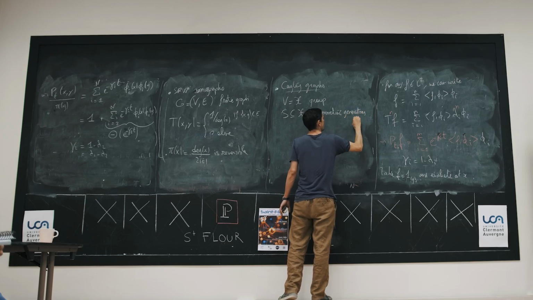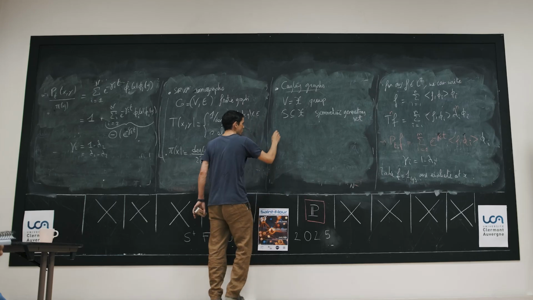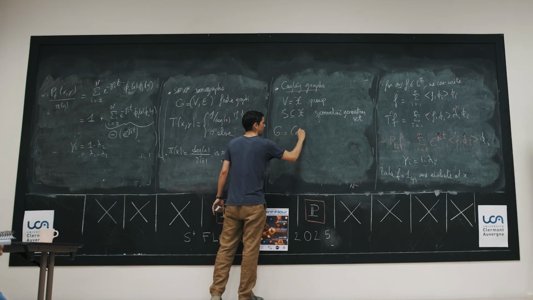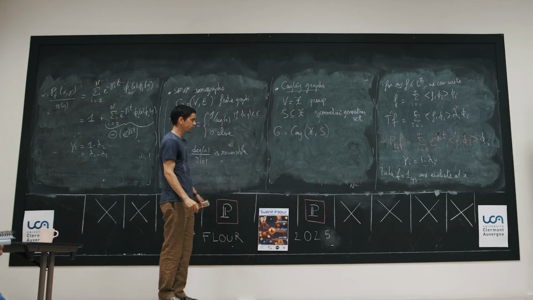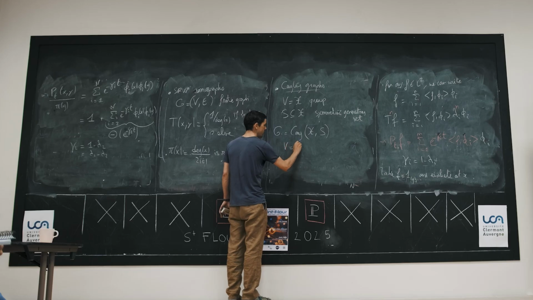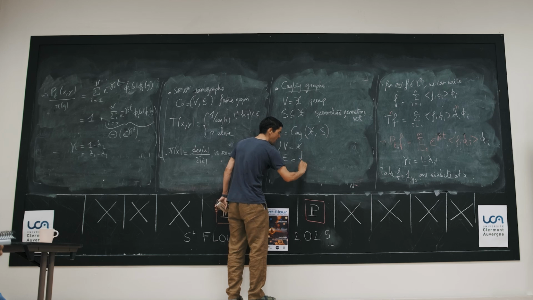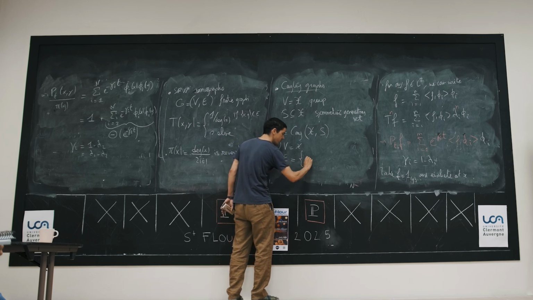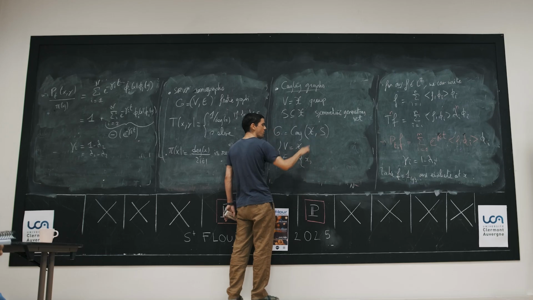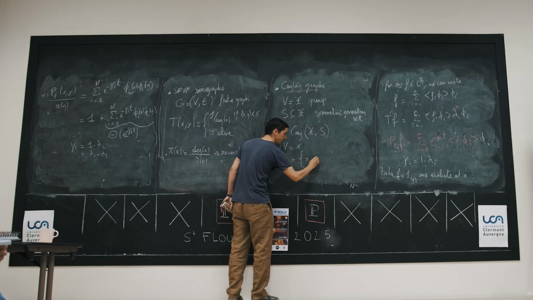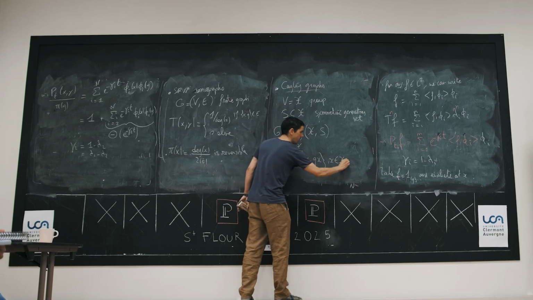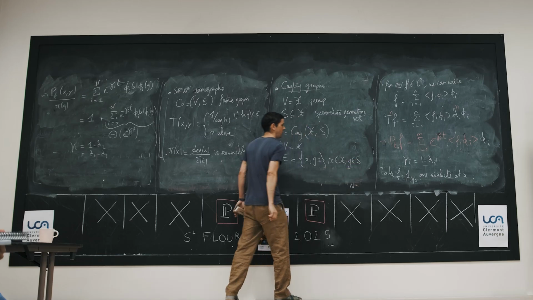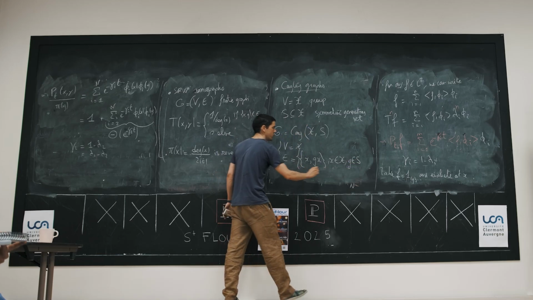Symmetric means that if you take the inverse, it's also in S. And then look at this graph, the Cayley graph of X and S. It's the graph where the vertex set V is X, and the neighbors of a point x are all the points that you can obtain by multiplying x by an element from S. Right, so you take every element in your group, and any element in your generating set, and that gives your edges.